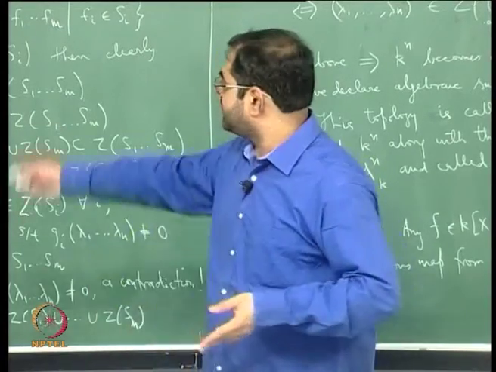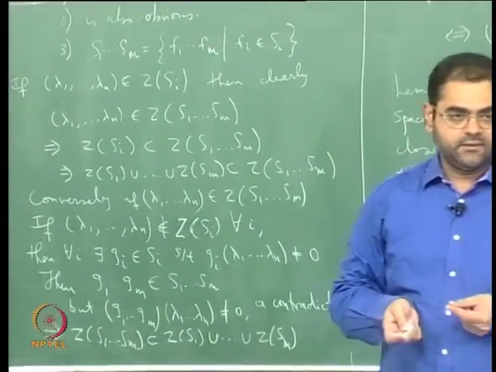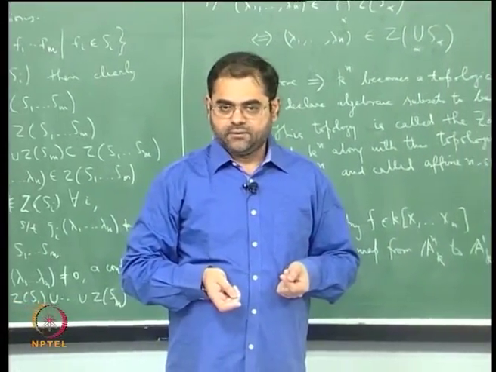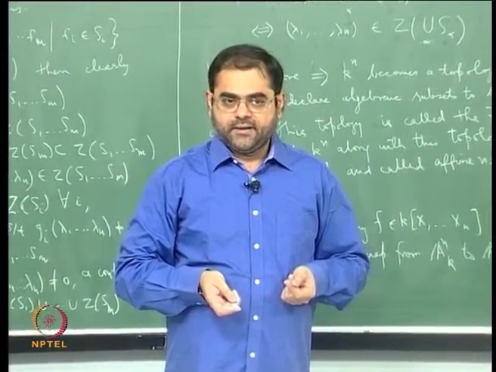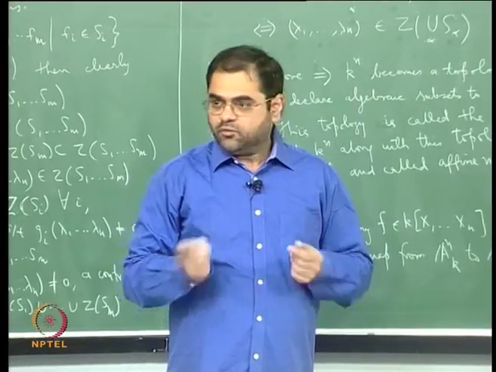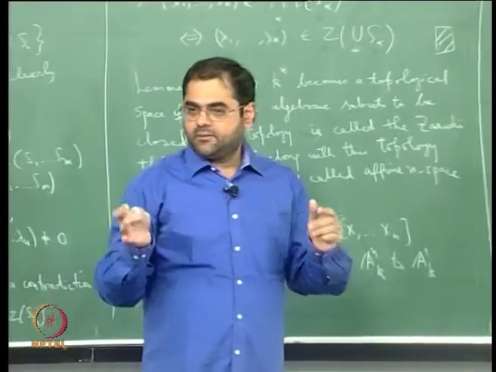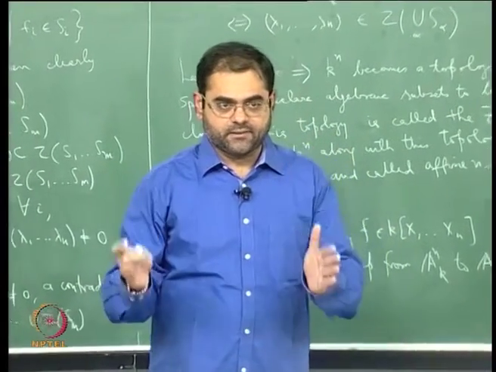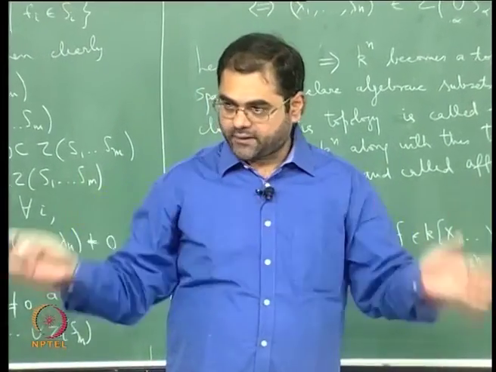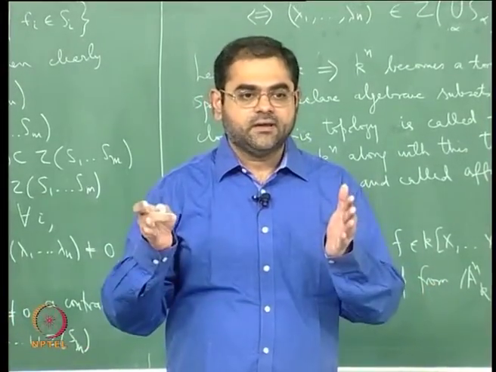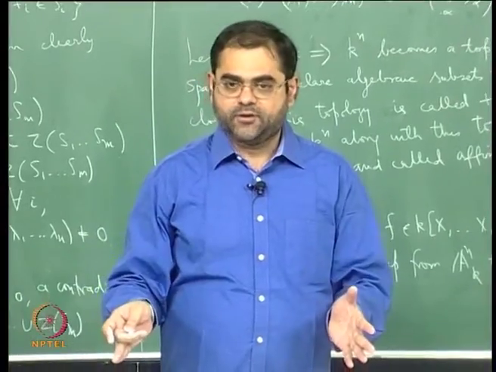Even if you start with infinitely many equations, if at all you get a 0, okay, which you will, so long as the ideal generated by that subset is not the whole ring, then you are actually studying only the common zeros of finitely many polynomials.